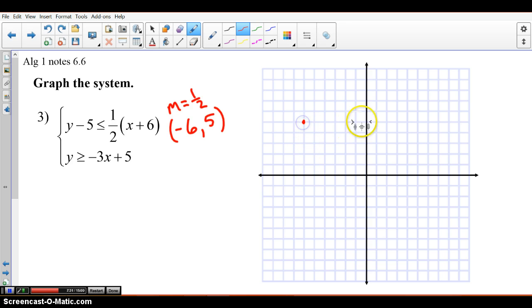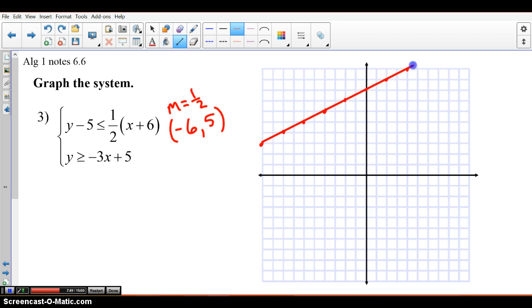By knowing that information, I truly have everything I need to graph the line. Now again, some of you are more comfortable with slope-intercept. There's absolutely nothing wrong with changing that to slope-intercept form by solving for y. But the line should look like that.